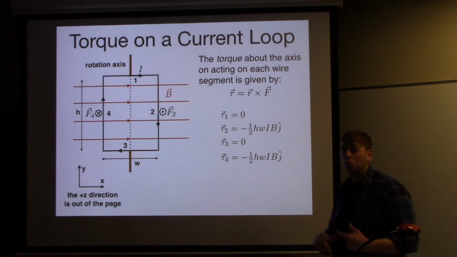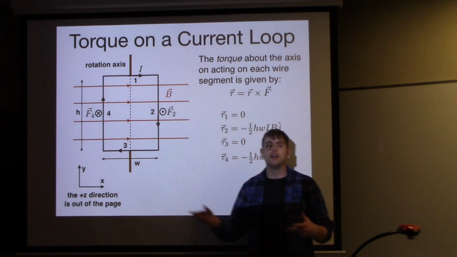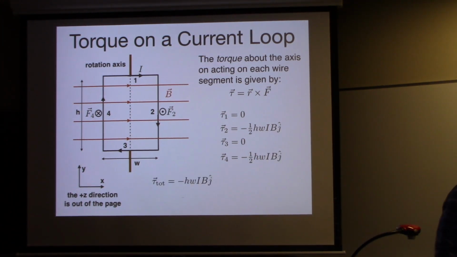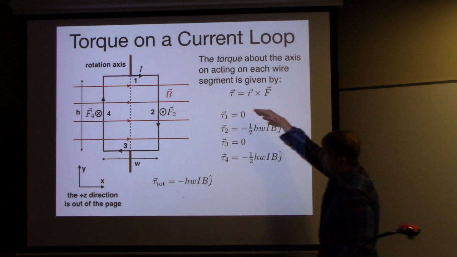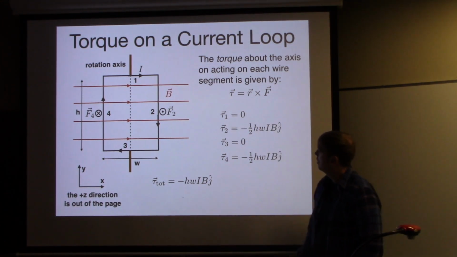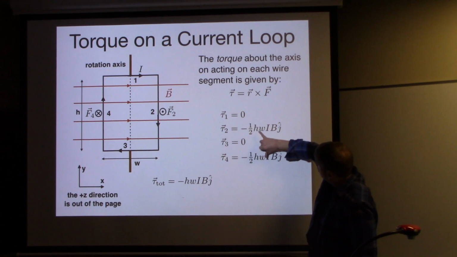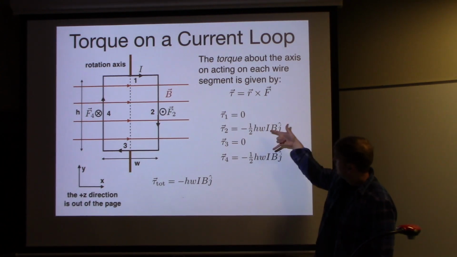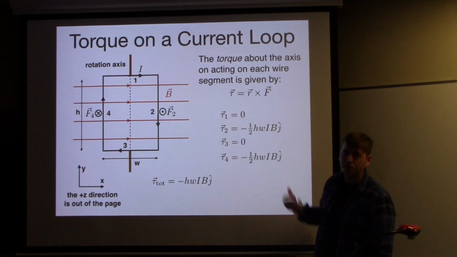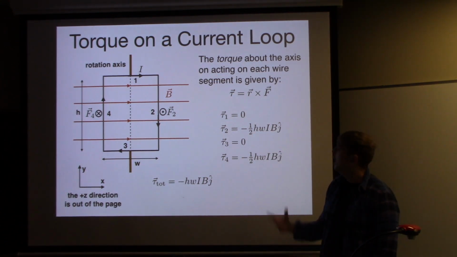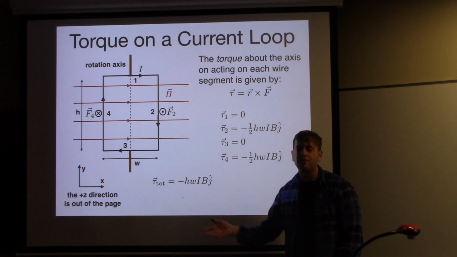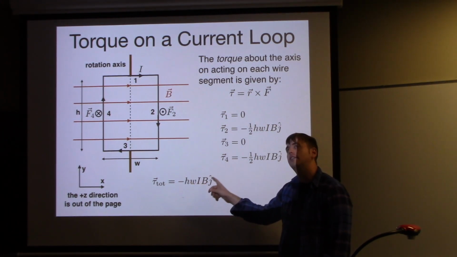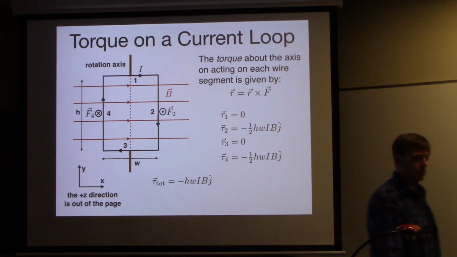I want to know the total amount of torque acting on the wire, because that will tell me something about how it might rotate. So to take the total, just to add up all of these four vectors, well, these two are 0, so it's just a matter of adding these two, and they're exactly the same amount of torque with this half factor in front. So when you add them together, it just gets rid of the 1/2 factor. So you have minus HWIB J hat. That's what it is.